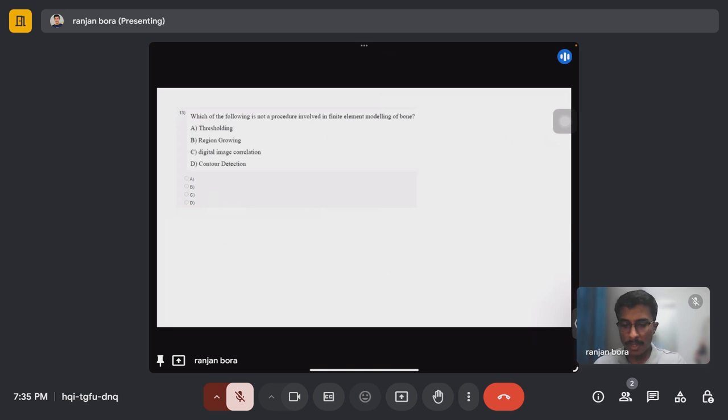Next question is which of the following is not a procedure involved in finite element modeling of bone?